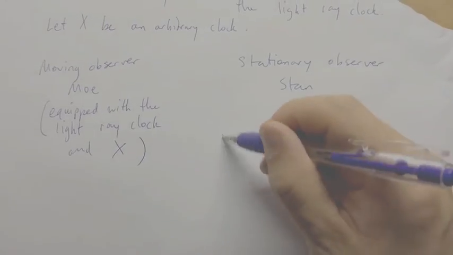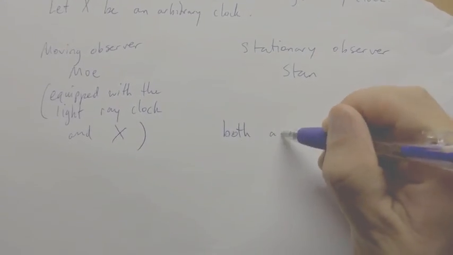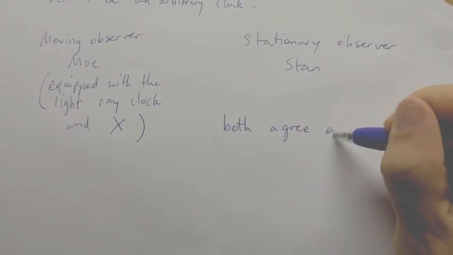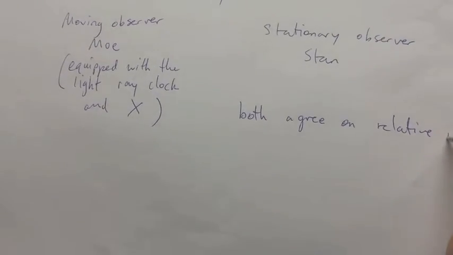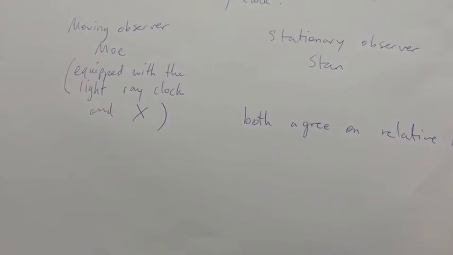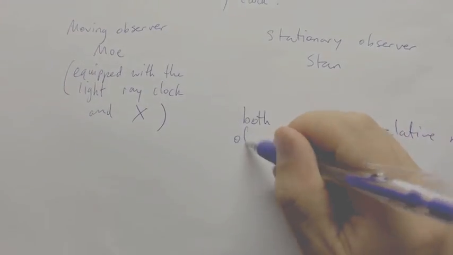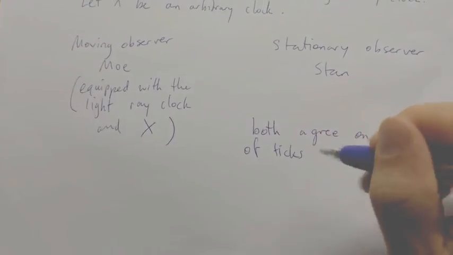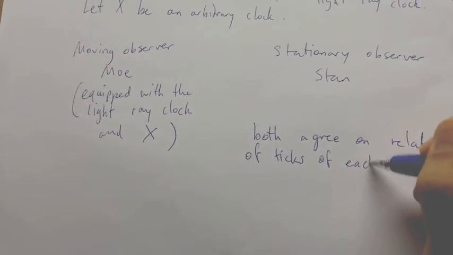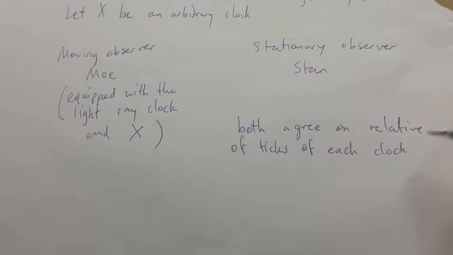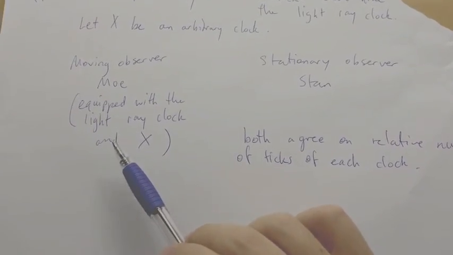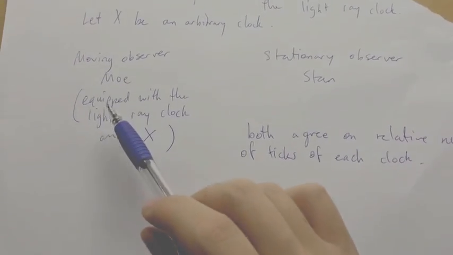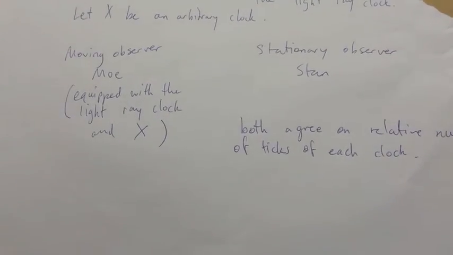Because Mo will think those ticks happened in real time, whereas Stan thinks those ticks happened slowly. Okay, so both agree on the relative number of ticks of each clock. So this means if x undergoes 3 ticks and the light ray clock undergoes 4 ticks, Mo will think that and Stan will think that as well.